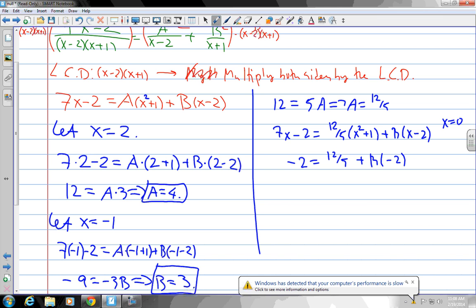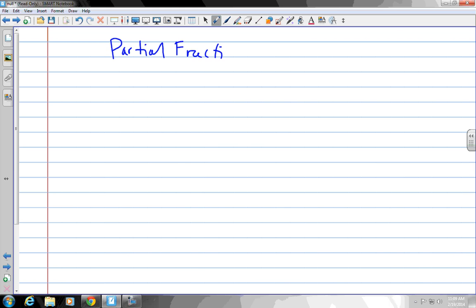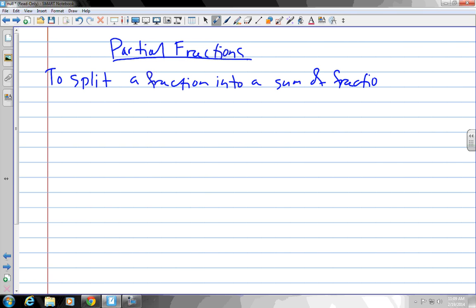Okay, all right, so let's do this in a more precise way. Partial fractions. So yeah, this is about to get all nasty algebraically. I'm going to write long sentences now. To split a fraction into a sum of fractions, we use partial fraction decomposition.